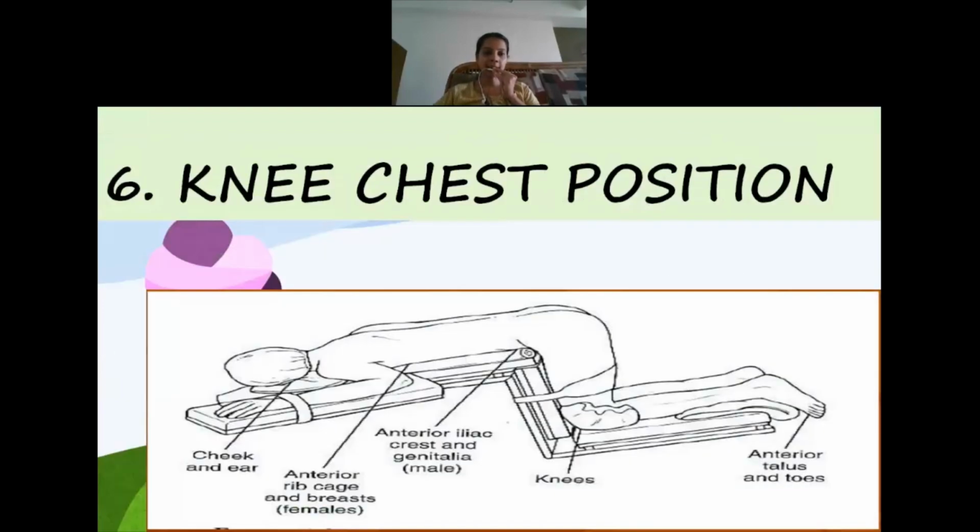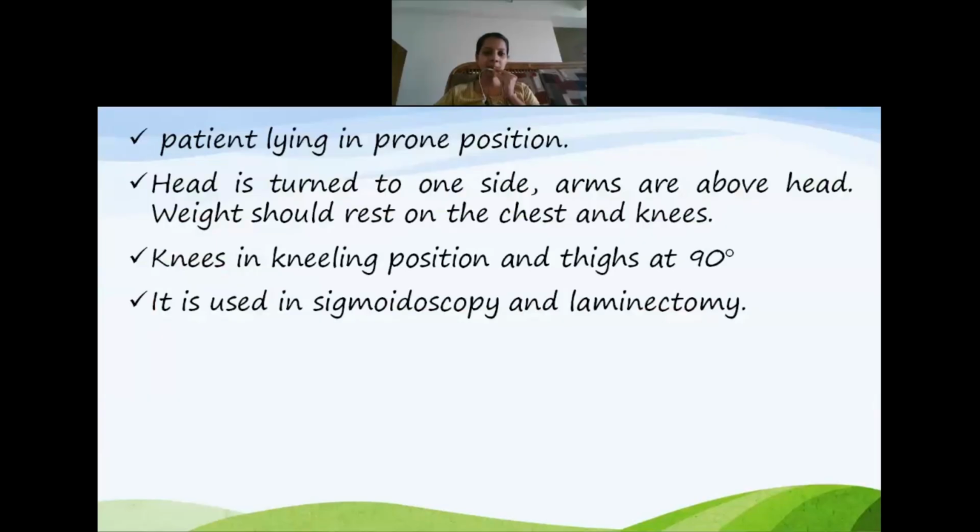Next position is knee chest position. Now knee chest position also you have studied last year in detail. Knee chest position is similar to lying in a prone position, but it is a somewhat modified type, isn't it? The head is turned to one side, the arms are kept next to the head, and the weight is supposed to rest on the chest and on the knees.